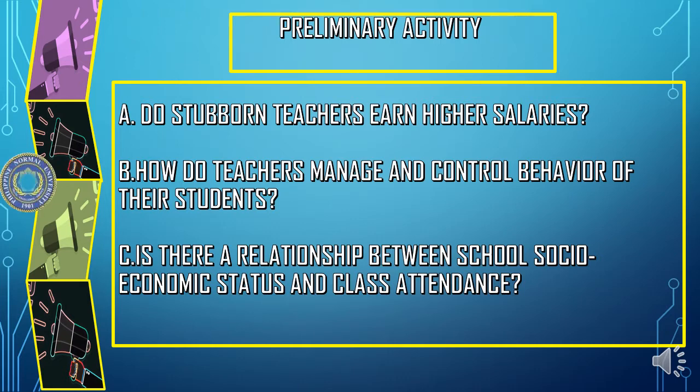C. Is there a relationship between school socioeconomic status and class attendance? So you are going to evaluate whether the following examples are qualitative research questions. And later on, after our discussion, we are going to check your answer.